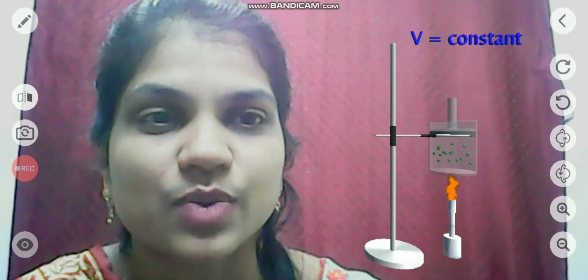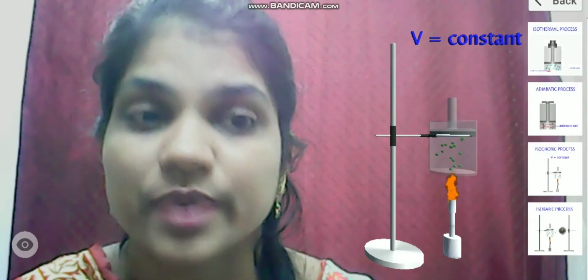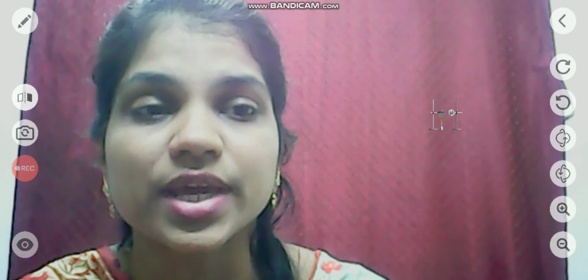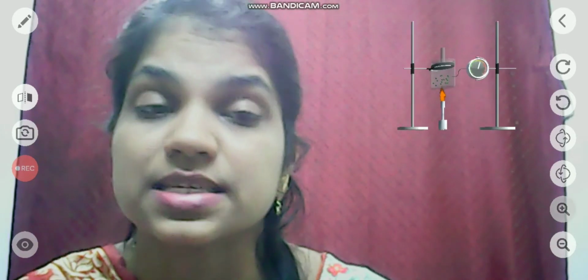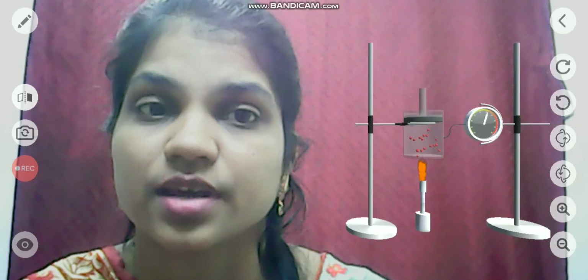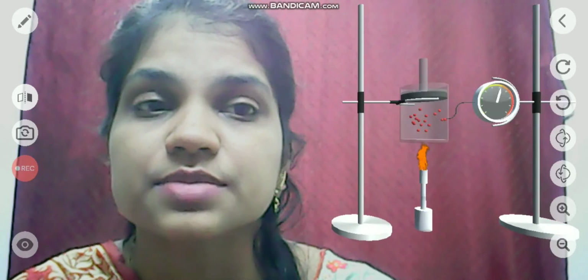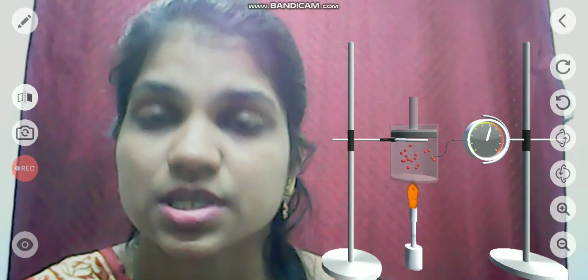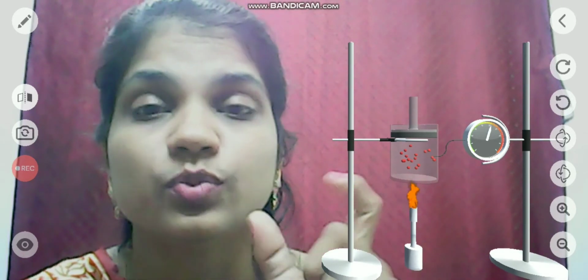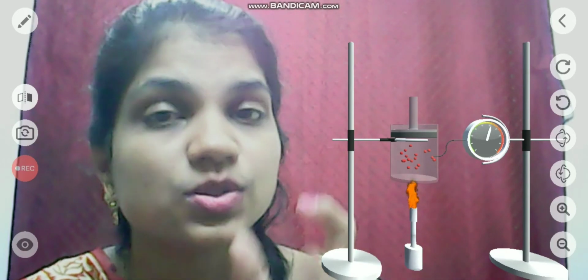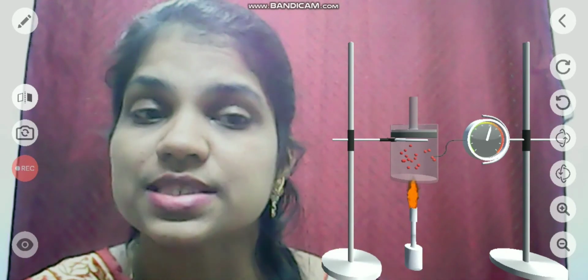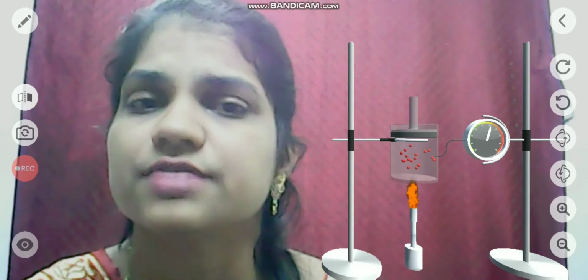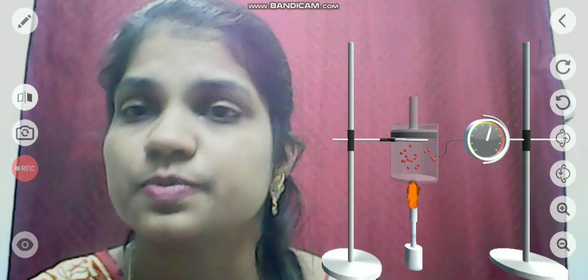Coming to the last one, the isobaric process. Again, the variable that we are keeping constant is the pressure. As the name suggests, iso is same, and in baric we have the word bar. Bar is a unit of pressure. In this isobaric process, we again have a cylinder fitted with a piston.